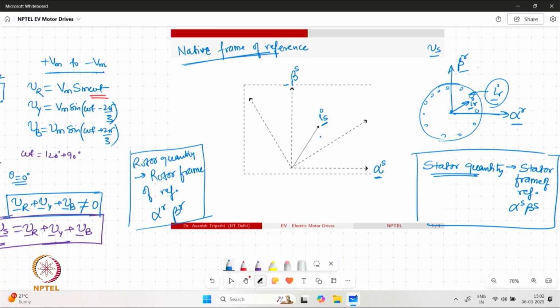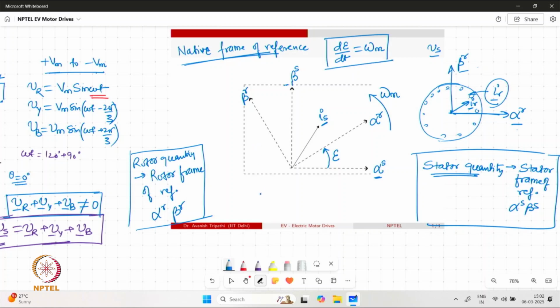Now what is happening if I mark the other frame of reference on the same plane? Essentially, our frame of reference alpha r beta r is rotating with the speed omega m with respect to alpha s beta s. Say at any given instant it is making an angle epsilon, and this epsilon is related to omega m as d epsilon by dt is omega m.